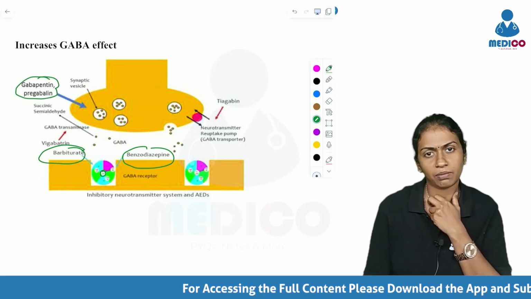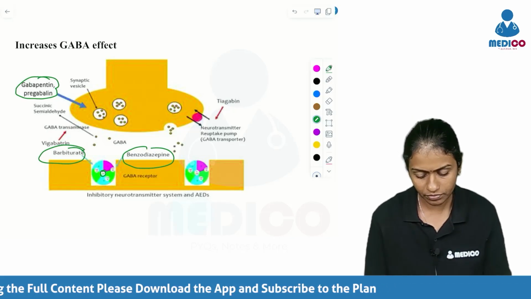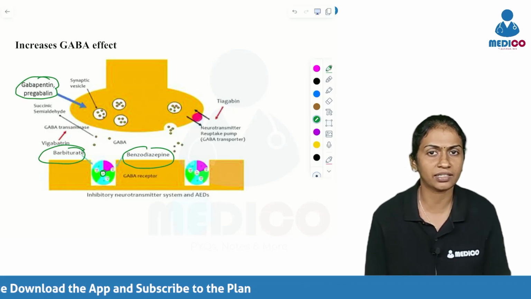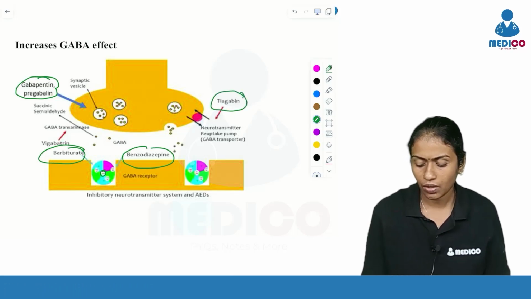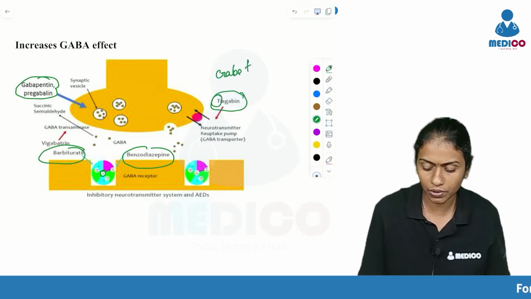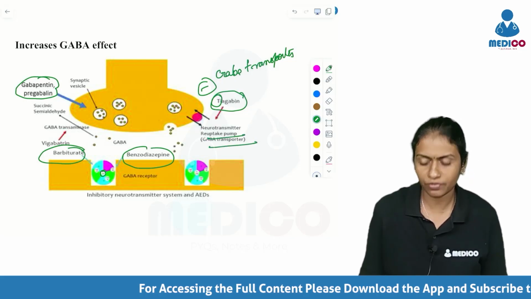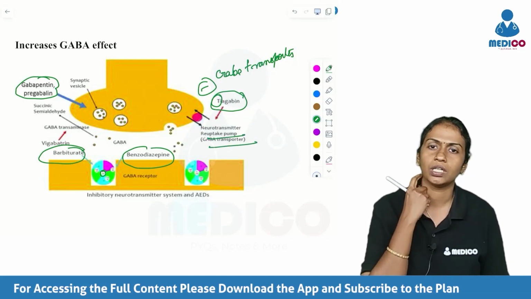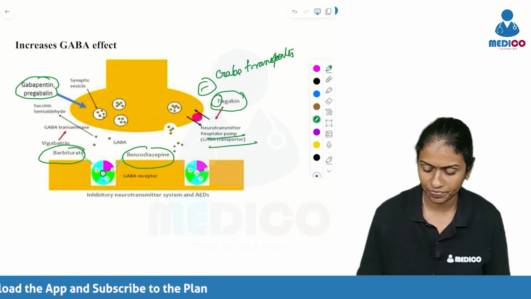Pregabalin is a prodrug of gabapentin that will stimulate GABA release; the mechanism is not very clearly understood. Then you have tiagabine, which is a GABA transporter inhibitor. So it inhibits the reuptake of GABA back into the cleft. GABA remains there and brings about the action.